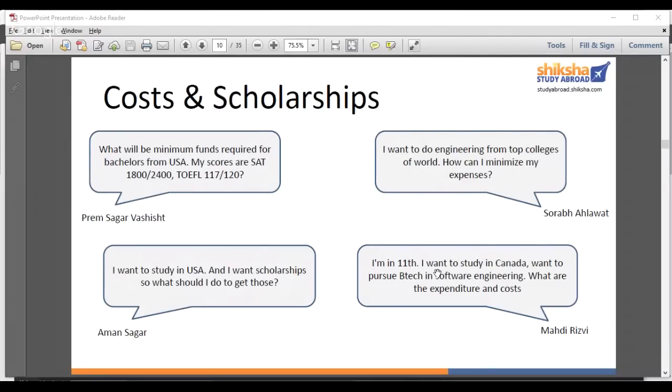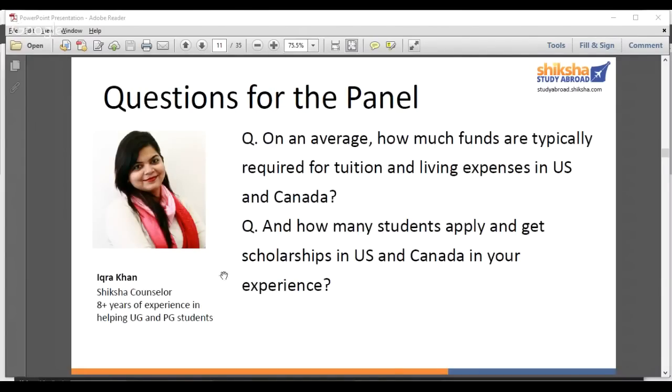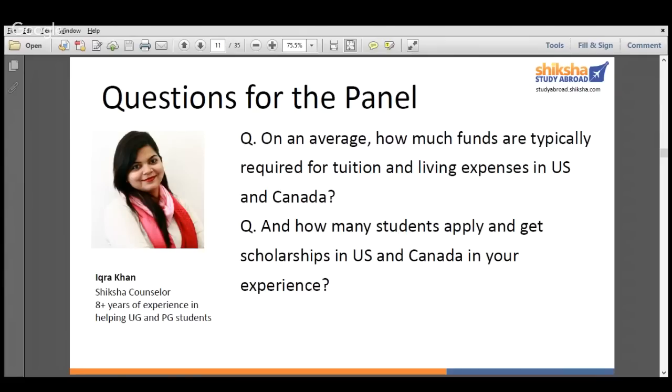The first set of questions that I would like to start with is Ikra. So Ikra, my first question for you is, on an average, how much funds do you think students from India typically require for tuition and living expenses, both in the US and in Canada? Okay. So usually to do an undergraduate degree in the USA, a student should keep a minimum budget of 20 to 25 lakh rupees per year.